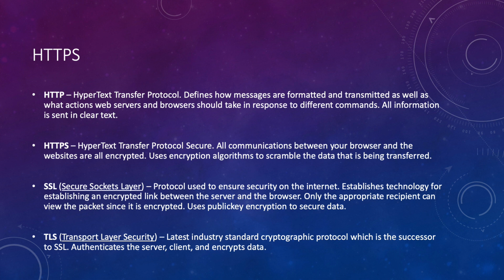Only the appropriate recipient can view the packet since it is encrypted, and this uses public key encryption to secure data. The second one is Transport Layer Security, which is the latest industry standard cryptographic protocol, the successor to SSL. And this authenticates the server, the client, and encrypts data.